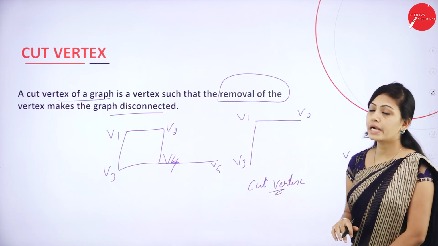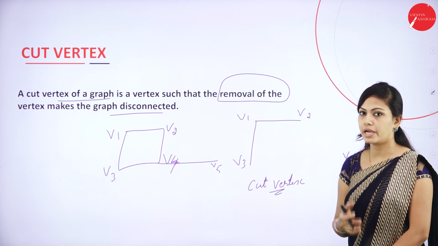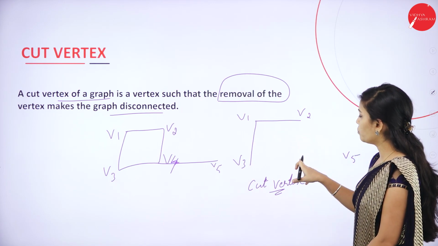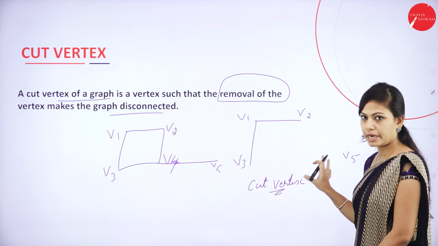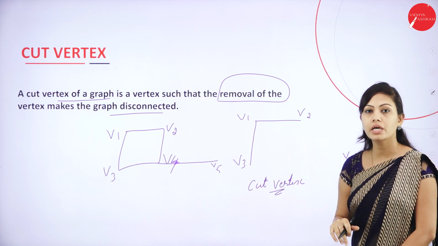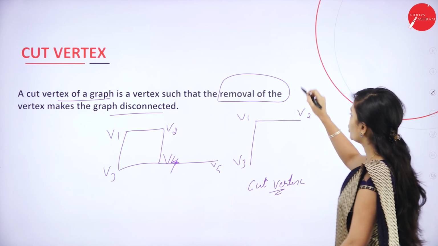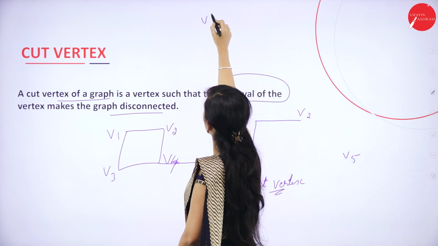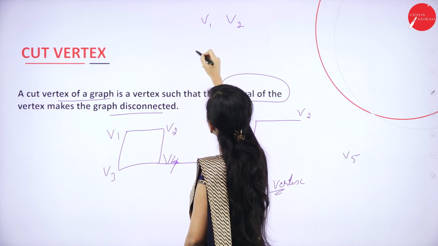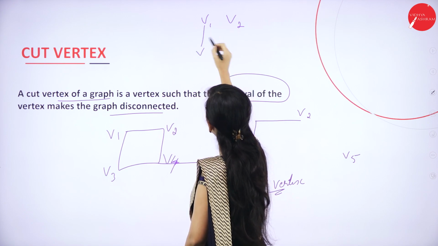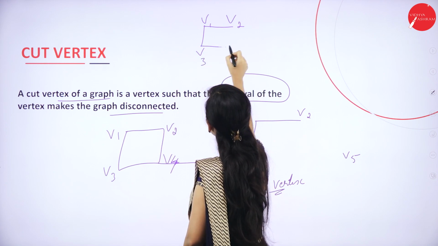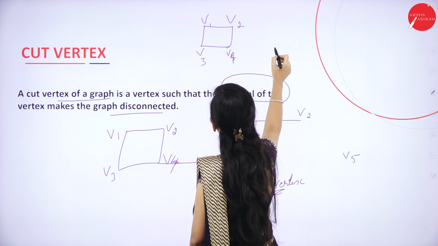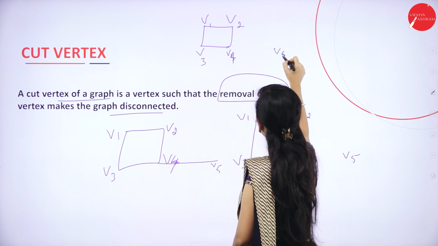So what is a cut vertex or what is a cut edge? Here I have removed vertex 4, so it becomes a disconnected graph. Clear? This is an example for cut vertex. Or else you can remove this V5 also.